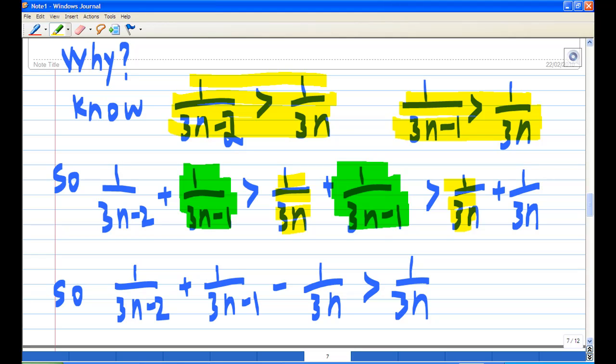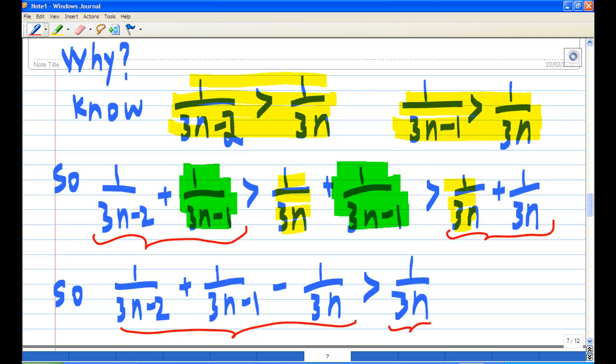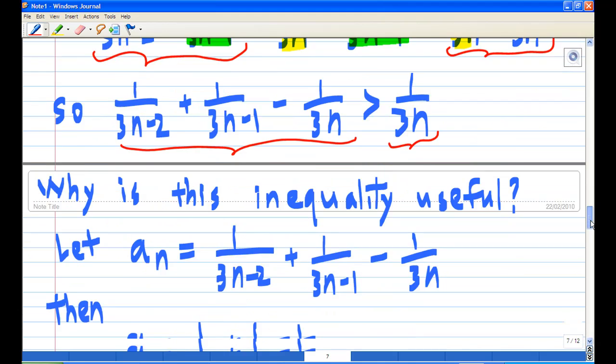Therefore, in the end, what we obtain is that 1 over (3n minus 2) plus 1 over (3n minus 1) is greater than 1 over 3n plus 1 over 3n. So if you subtract 1 over 3n from both sides, you get this inequality.